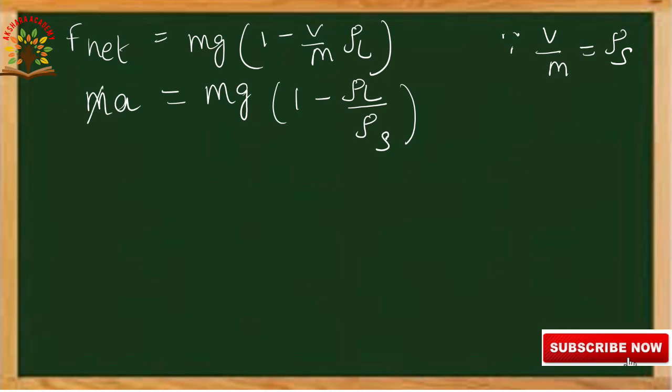Next, m cancels, so a is equal to g of 1 minus rho L by rho s.